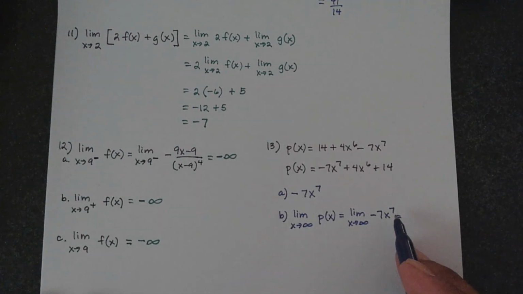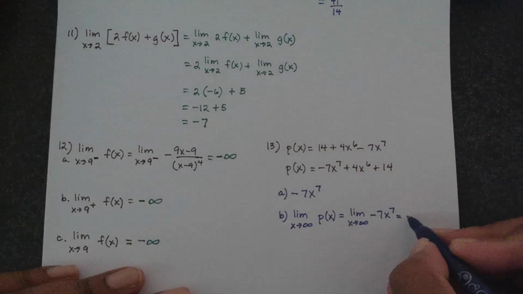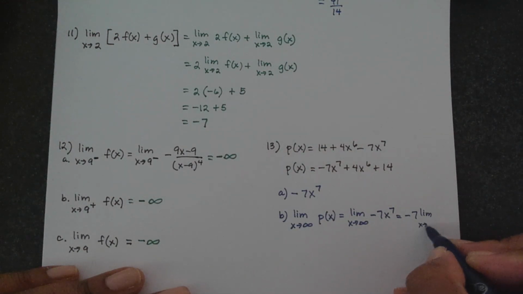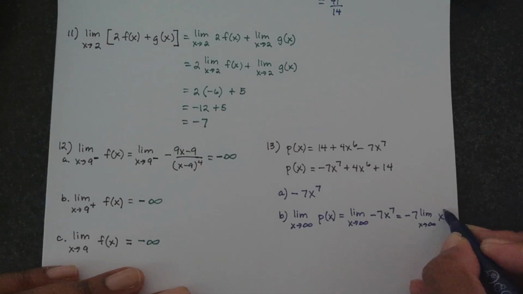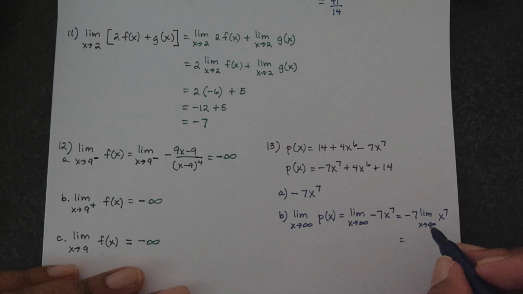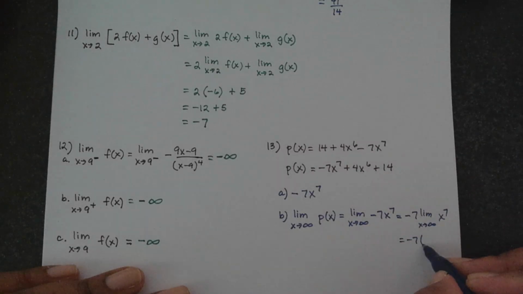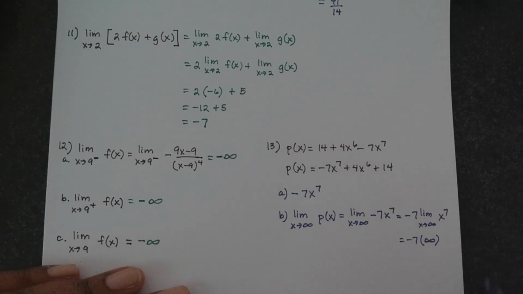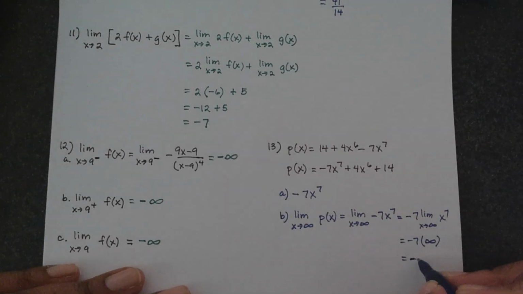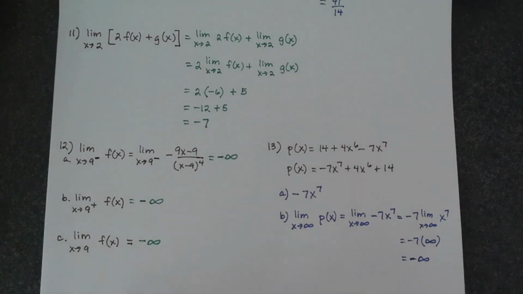If I let x approach infinity, another way I can write that would be negative 7 times the limit as x approaches infinity of x to the 7th. Now this is to an odd power, so that means it's going to go to infinity. And negative 7 times infinity is negative infinity.